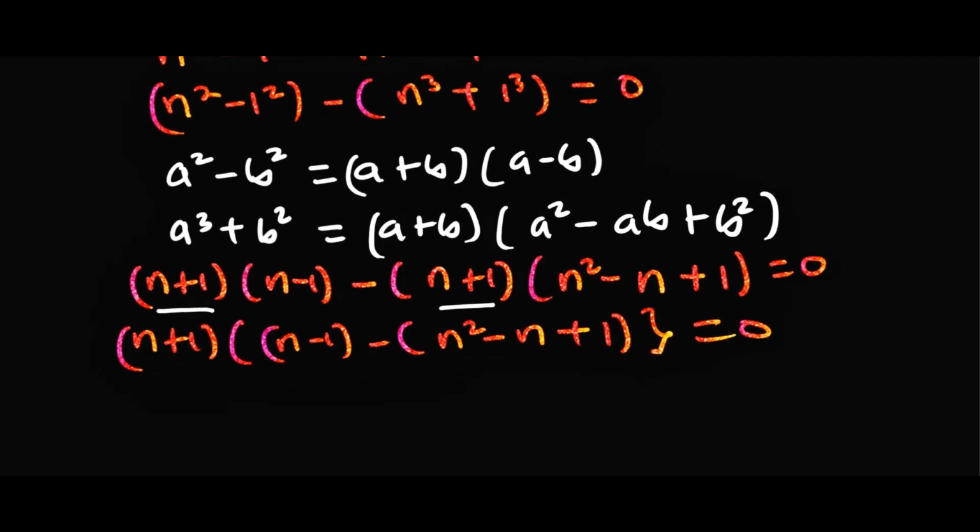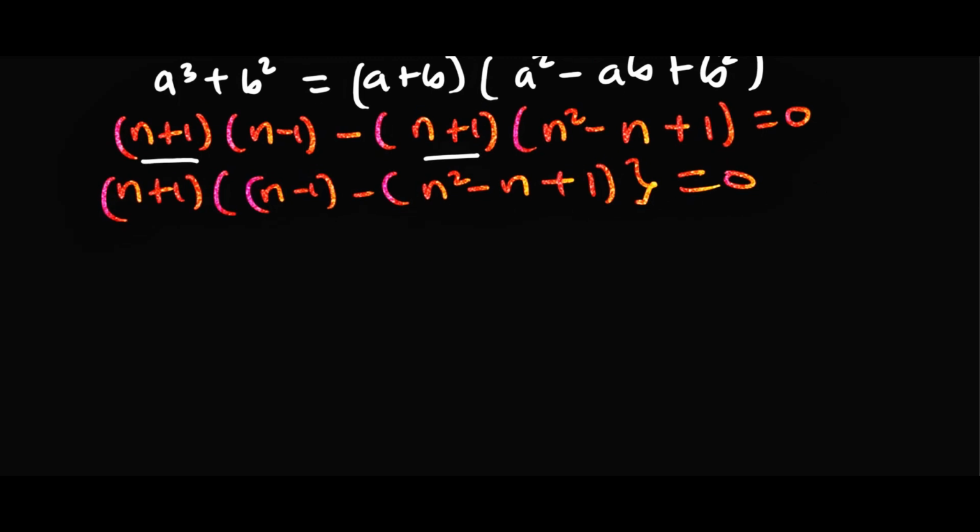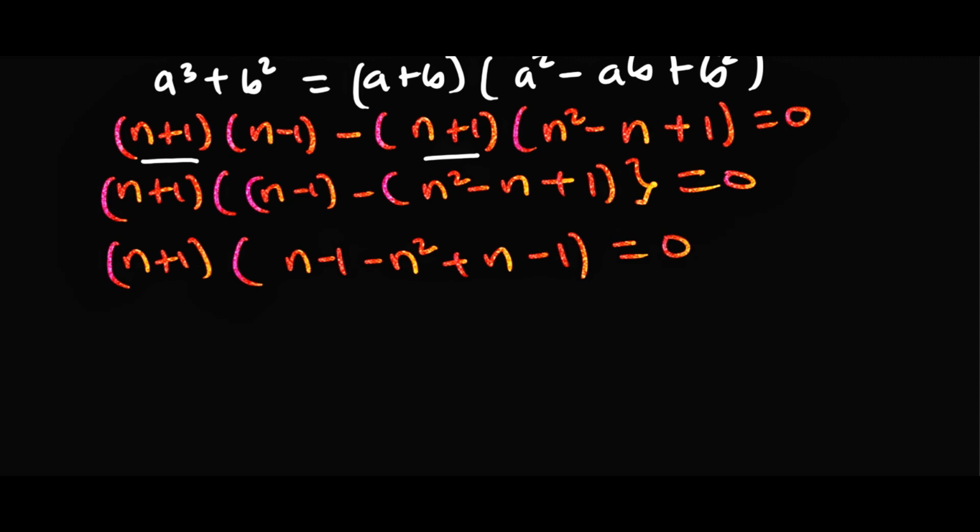So let us simplify what we have inside the bracket. So outside the bracket we have n plus 1, and then we have n minus 1 minus n squared plus n minus 1, and that's equal to 0.